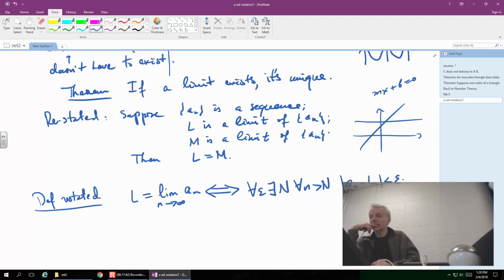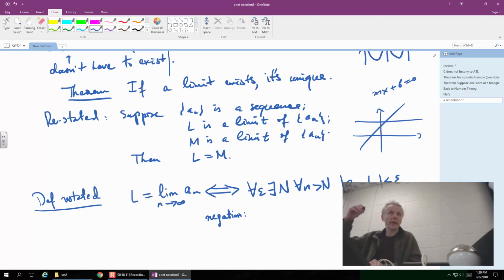It sounds like it is a negation, but it's not. We know how to negate this statement. Let's negate this. Remember how we negate? That's a long statement. What do we do to the quantifiers? Switch them.